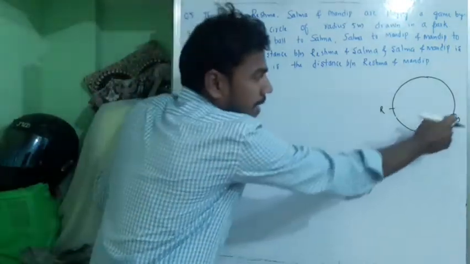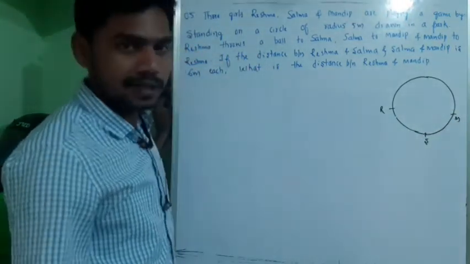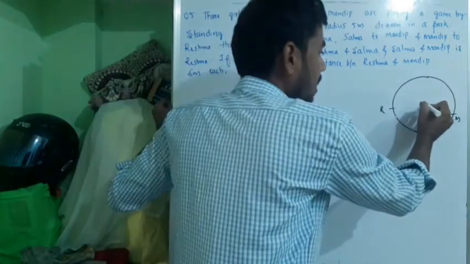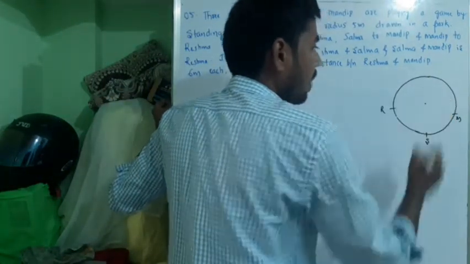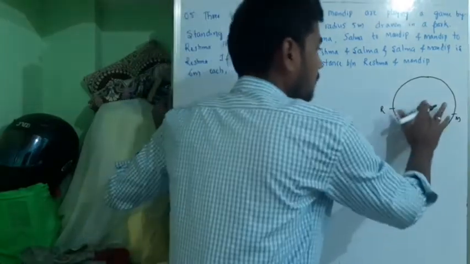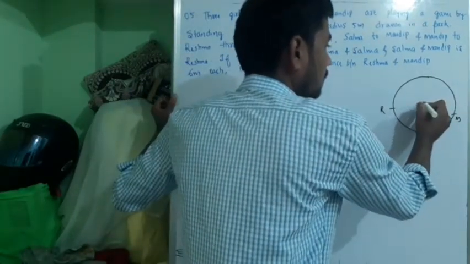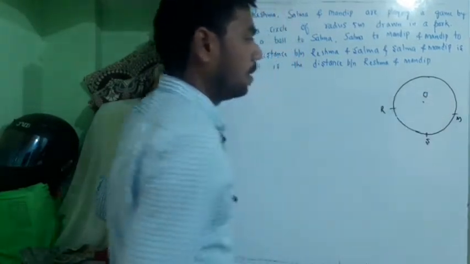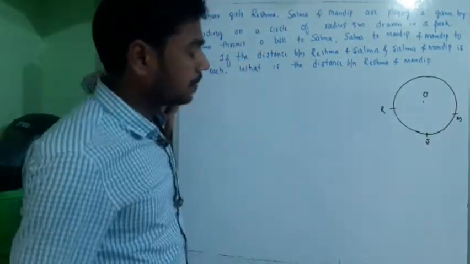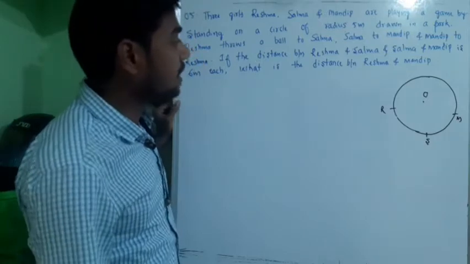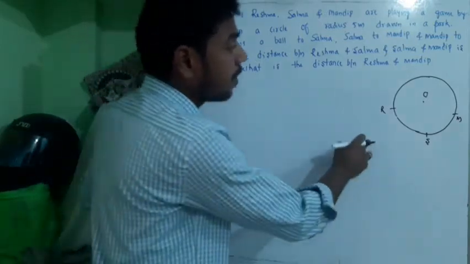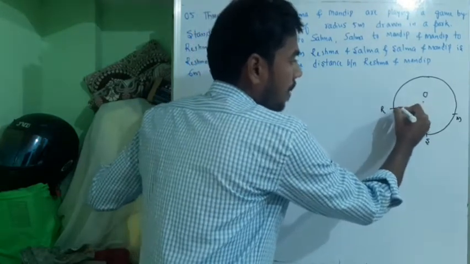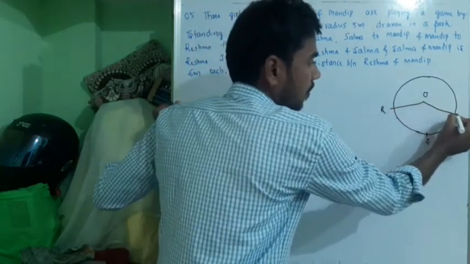Reshma, Salma, and Mandeep are standing on a circle of radius 5 meters. Now, one more piece of information they have given: the radius is 5 meters.